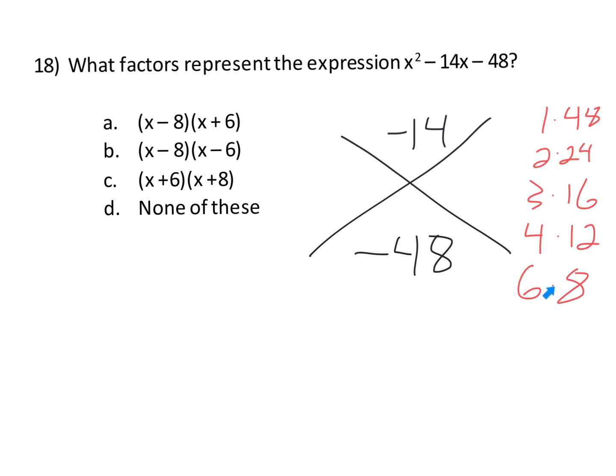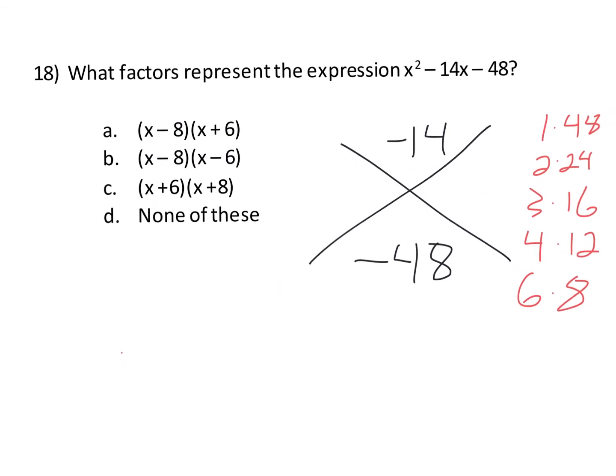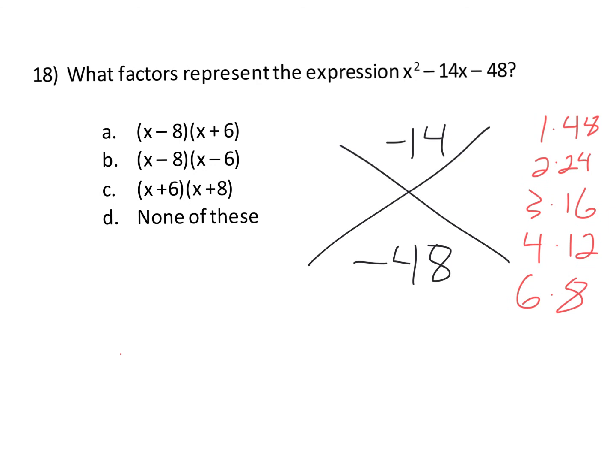None of these are going to be able to subtract, or add one of the negatives and positives, in order to get negative 14. So actually, none of these is the factored form of that expression.